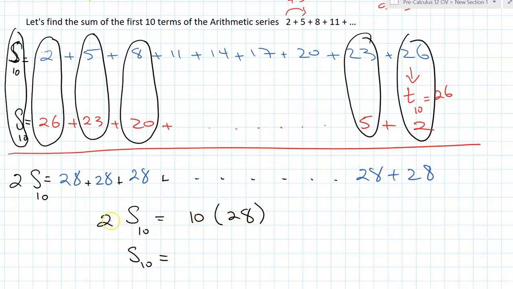We get S10 equals 5 times 28, which is 140. That is basically the shortcut of adding all of these terms.